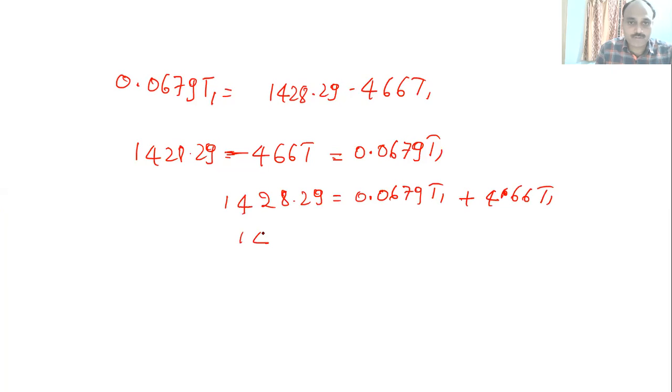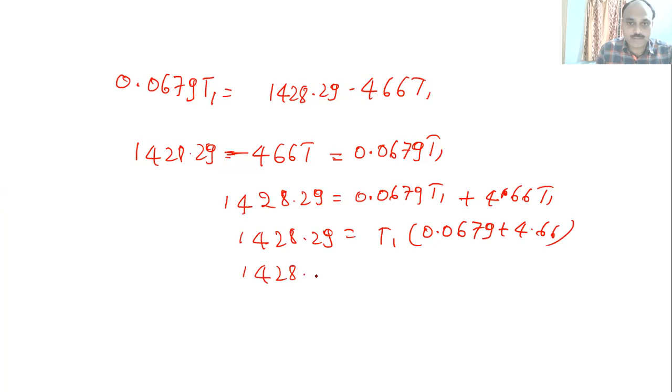Now we can take T1 common here: 1428.29 equals (0.0679 plus 4.66) into T1, and the addition of these two will give you 4.72 into T1.